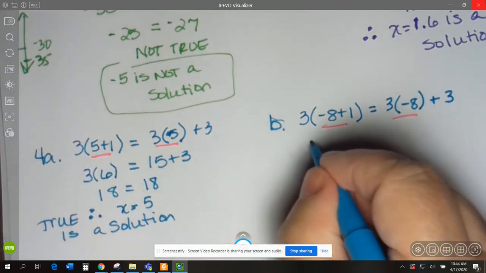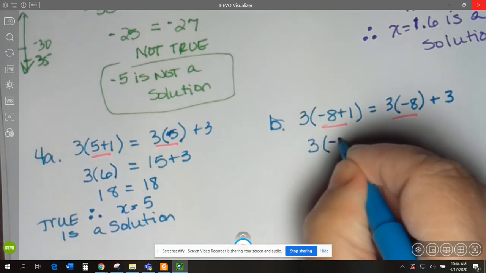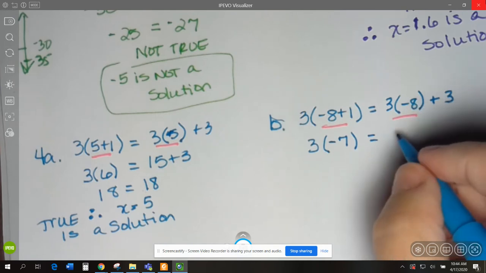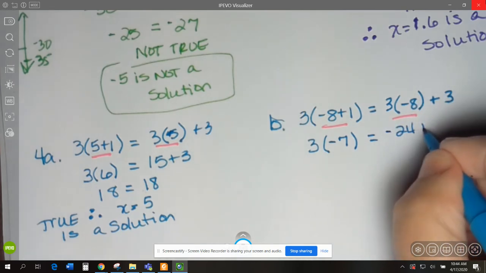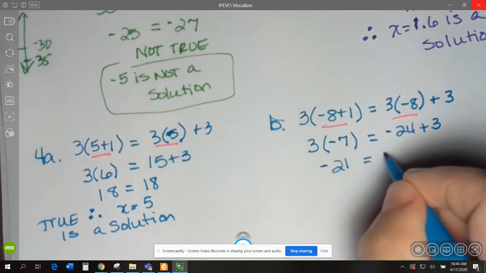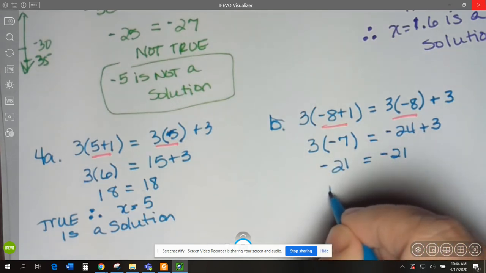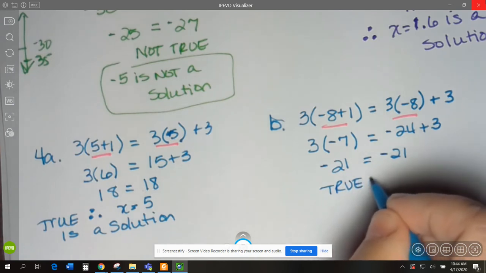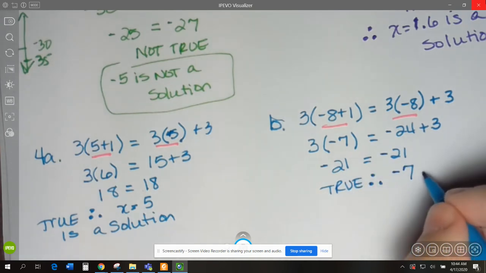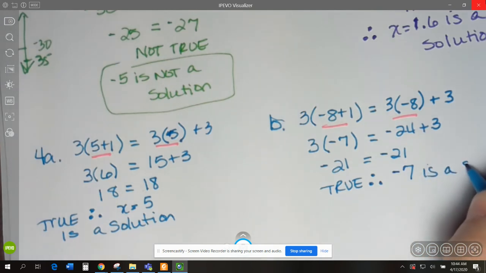We have 3 times -7, since -8 plus 1 is -7, which is -21. 3 times -8 is -24 plus 3. It's going to be -21 and -21, true. Therefore, -8 is a solution.